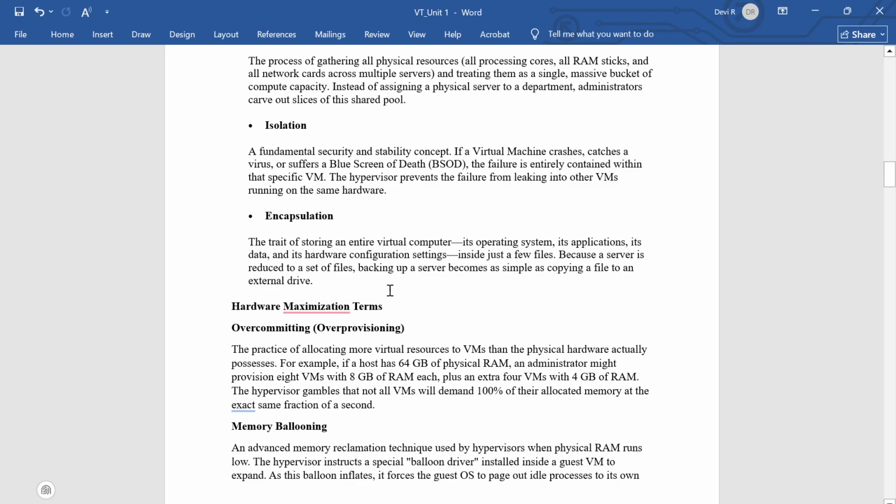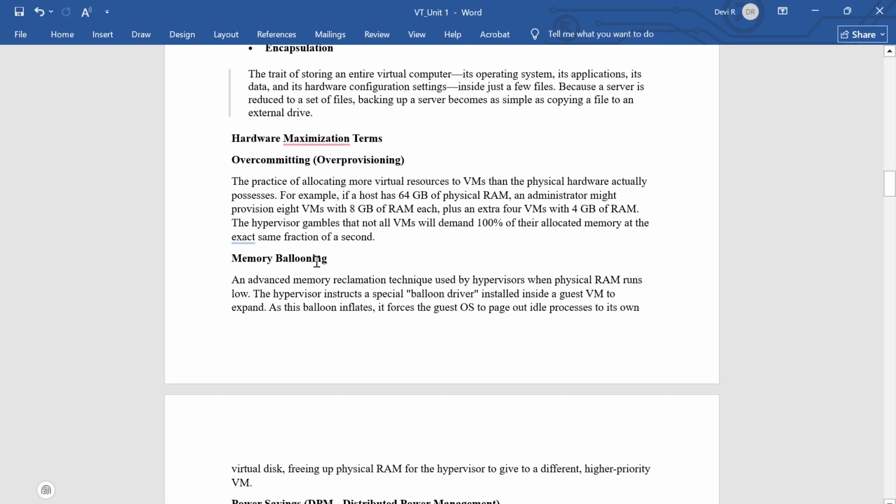Because a server is reduced to a set of files, backing up a server becomes as simple as copying a file from one external drive to another. So that is the use of encapsulation. Migrating, replication, all these types of work will use these encapsulated files.